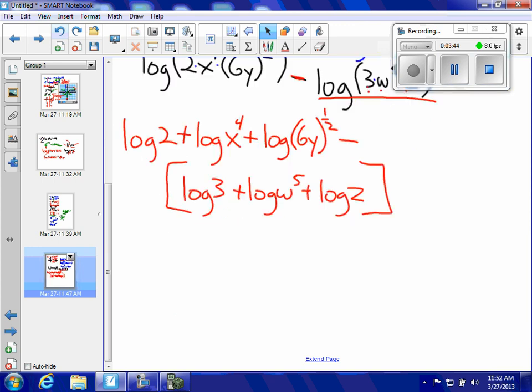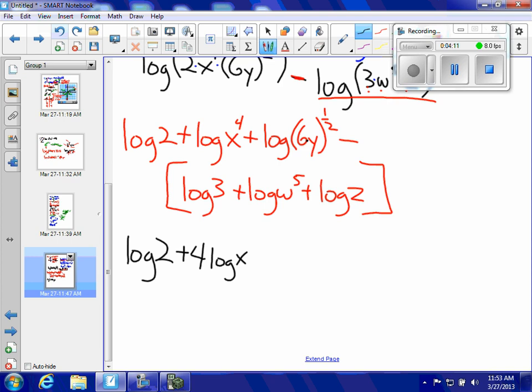Well, I think I need to expand some more now. I still have log 2, so I'll leave that alone. Nothing I can do with that. I can use my power property on the next term, so I'm going to go plus 4 log x. Now on the next term here, I'm going to expand this because this is really log 6 times y, and they're both to the 1/2 power.